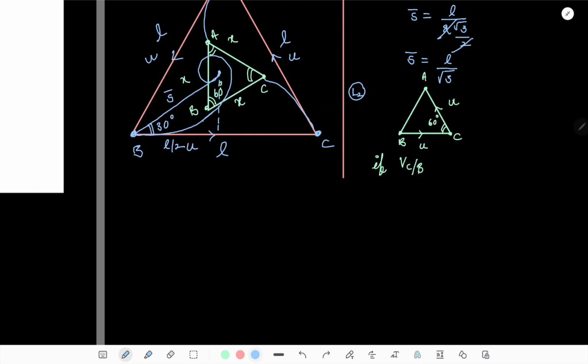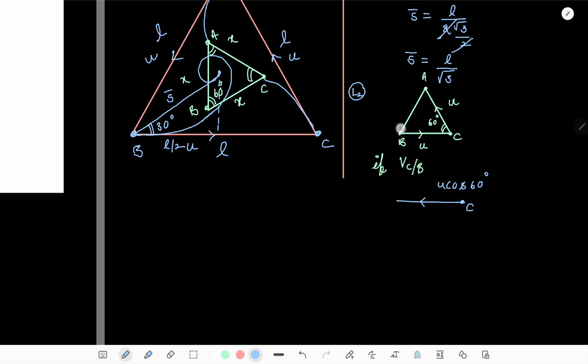So this is point C, and this is the component of C in the direction of B, which is nothing but U cos 60 degrees, and I'm saying velocity of C with respect to B.